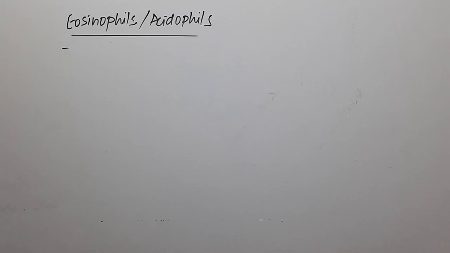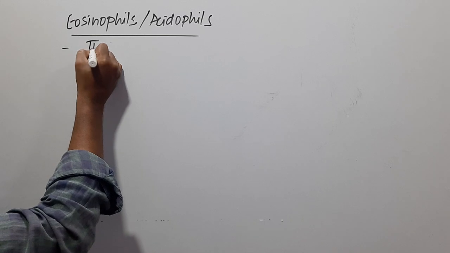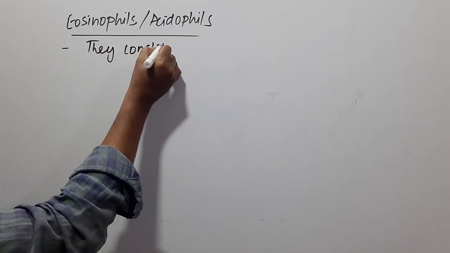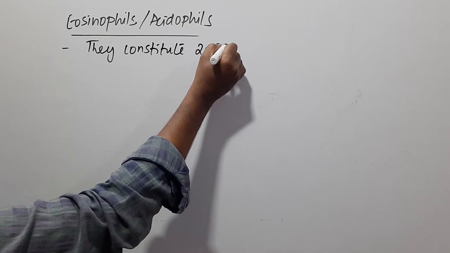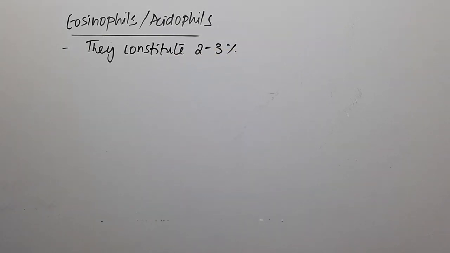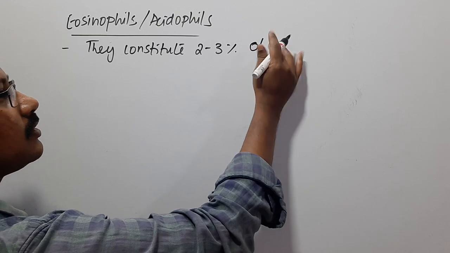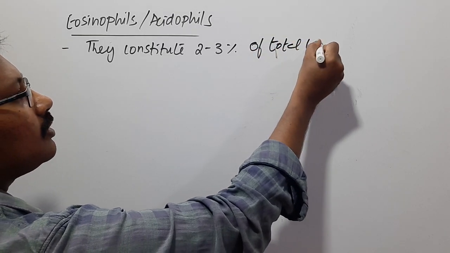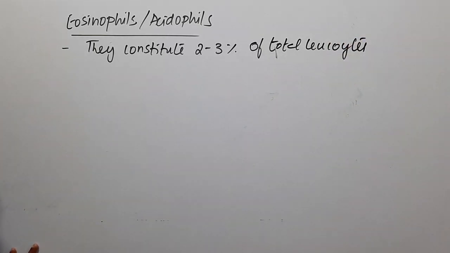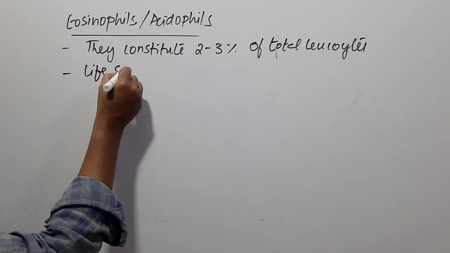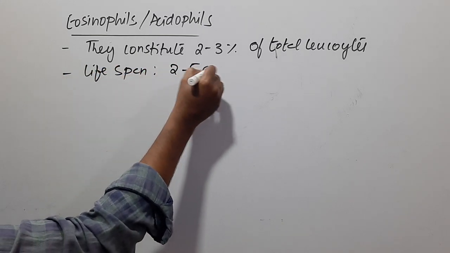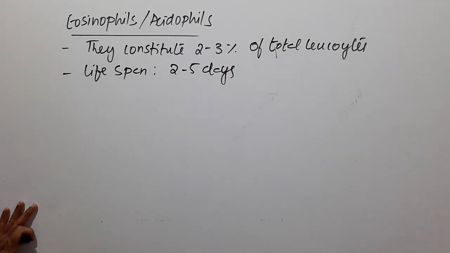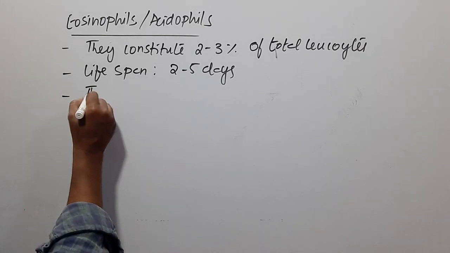Here they constitute 2 to 3% of total leukocytes, and their lifespan is around 2 to 5 days.